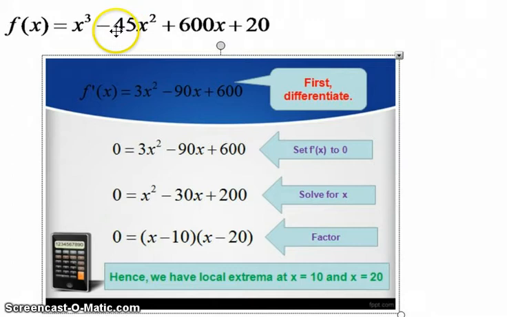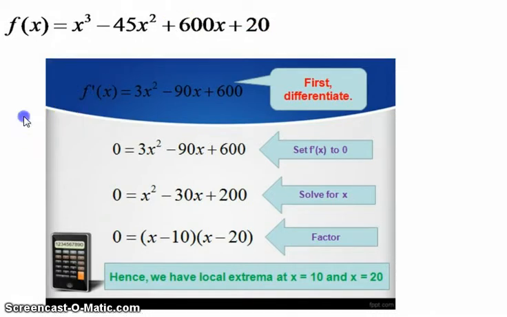function, the first thing you do is to differentiate, or find the first derivative. Suppose you're able to see this symbol, it means that you're going to get the first derivative.